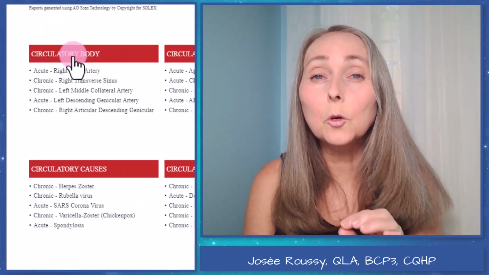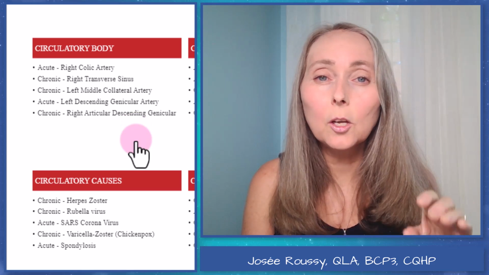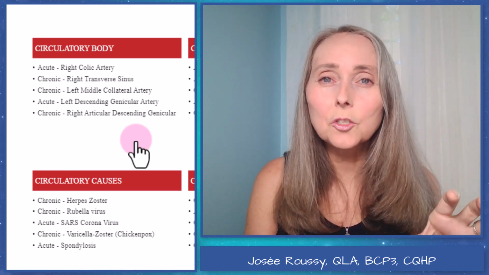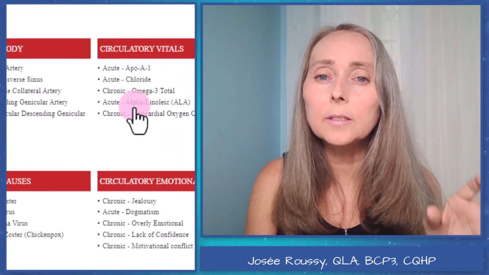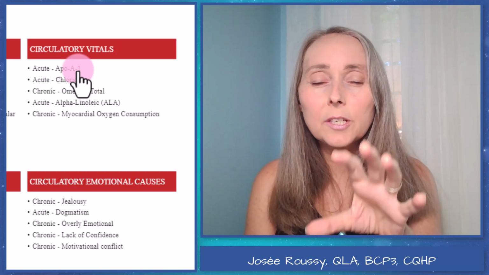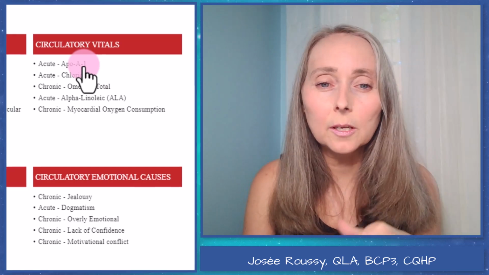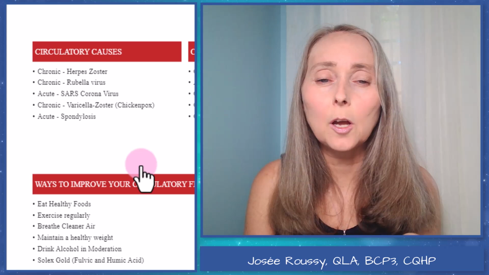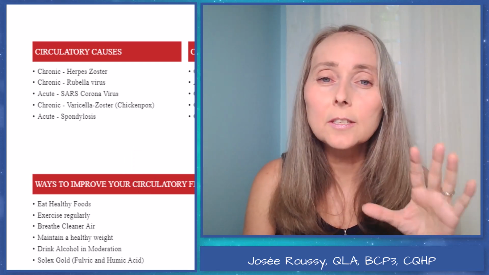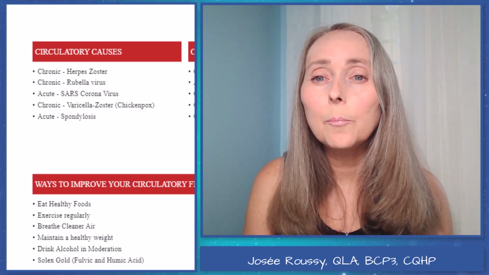For circulatory, it tells me in the comprehensive scan the top 5 imbalances to watch for this system. In the circulatory vitals, it shows the things pertaining to that body system that are the most imbalanced. And here I have the top 5 causes for these other imbalances. So this is how one body system looks.